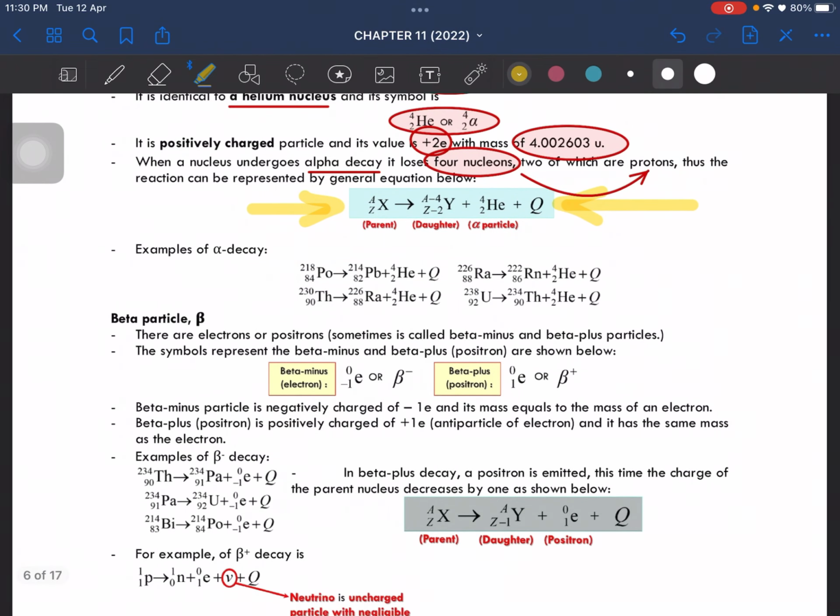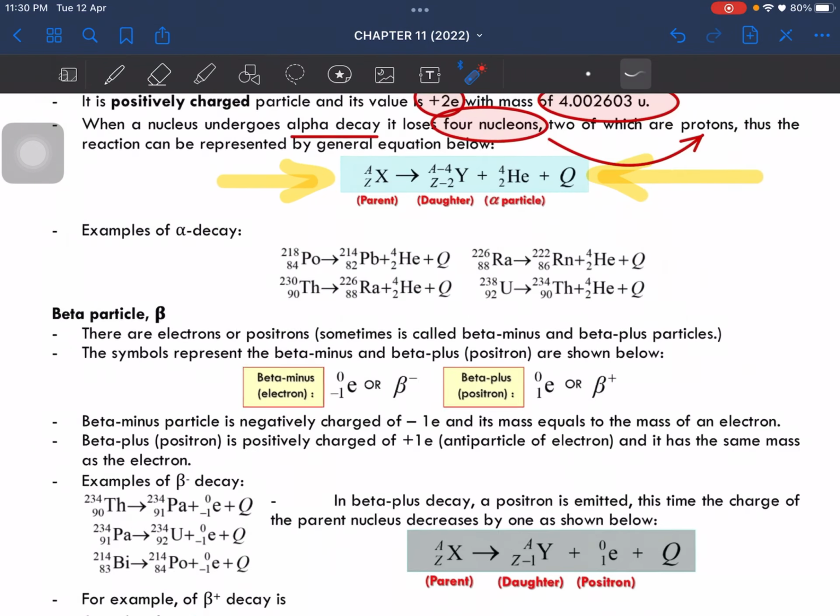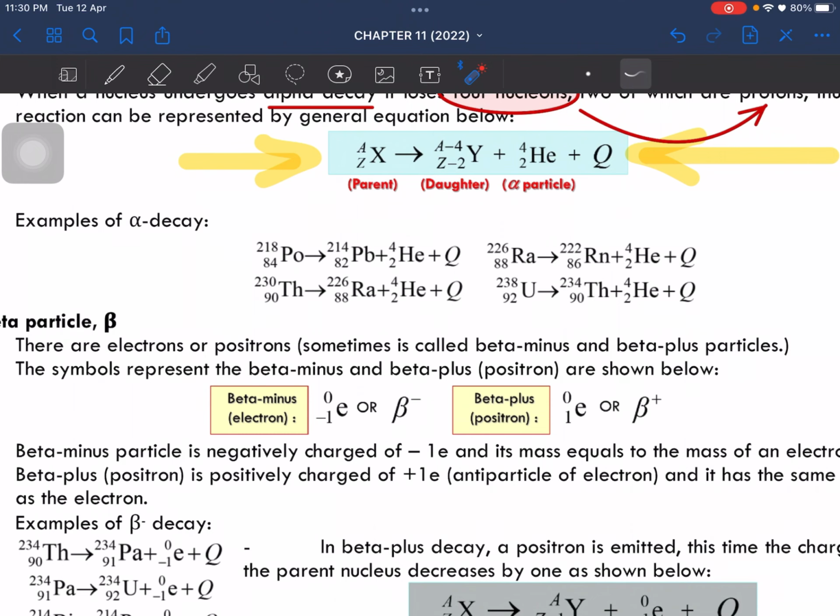And these are examples of alpha decay. If you look at this, we can see that they lost 2 protons, so 84 minus 2 leaves 82. Then the mass number loses 4, so minus 4 leaves 214.